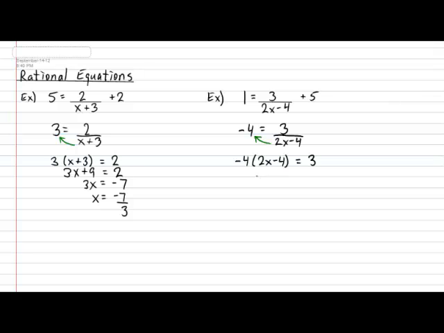Continuing with our algebra, we get negative 8x plus 16 is equal to 3. When we keep going, we get negative 8x is equal to 3 subtract 16, which gives us negative 13. And finally, dividing both sides by negative 8 gives us an x value of 13 over 8.